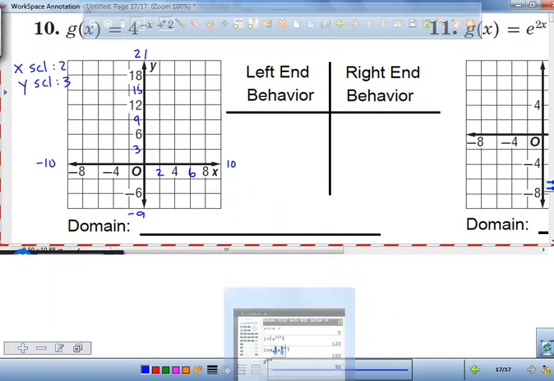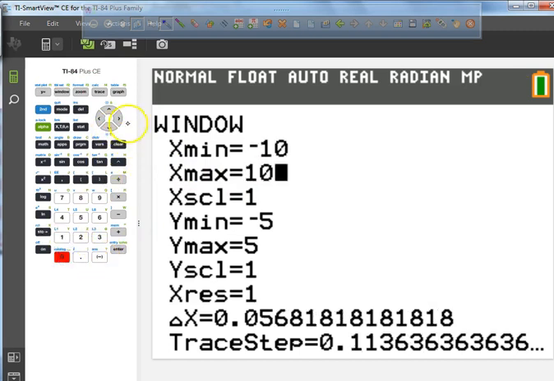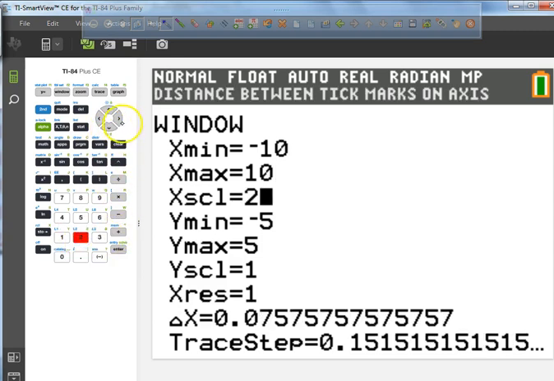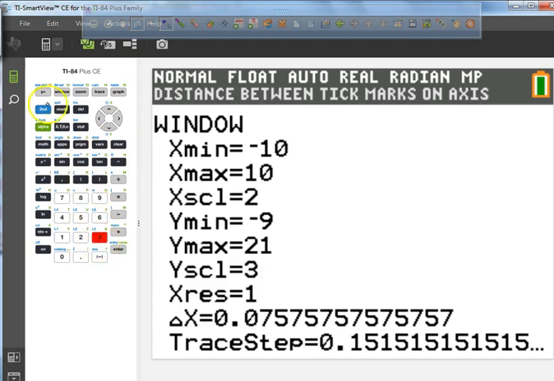So go to your window setting right now. Hit window. Change it with me. Going from negative 10 to positive 10. X scale 2. Y minimum, what did I say y minimum is going to be? Negative 9. Y maximum, I think I said, is going to be 21. And our y scale is 3.